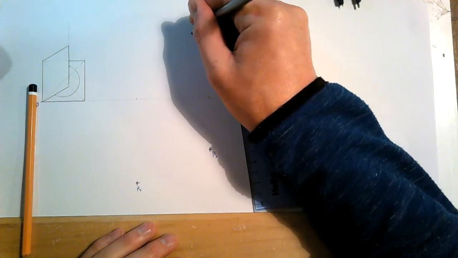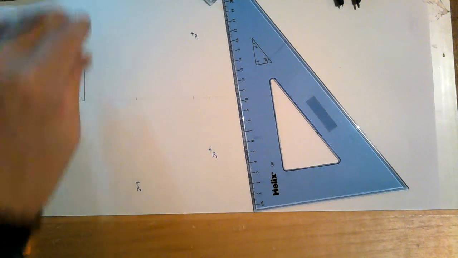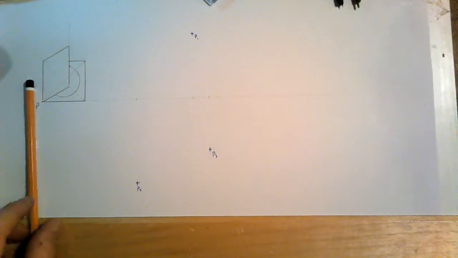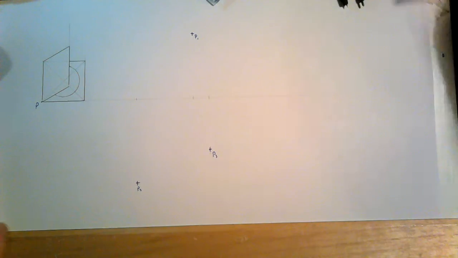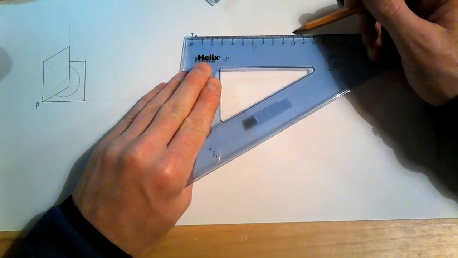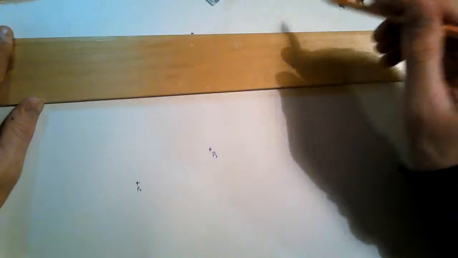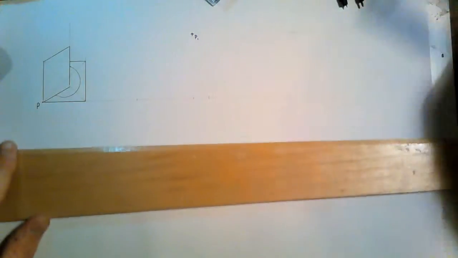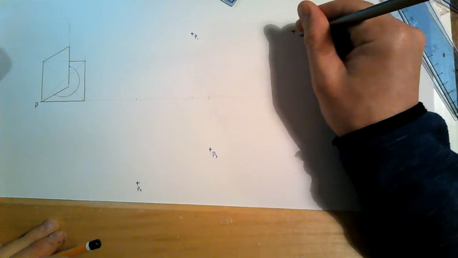Okay, so that is P1. And the last one is P4, just on the same axis as P1, just over 100. That is P4.